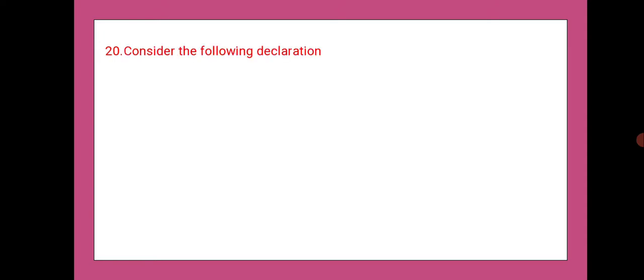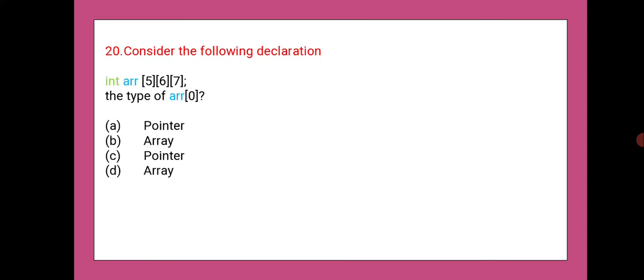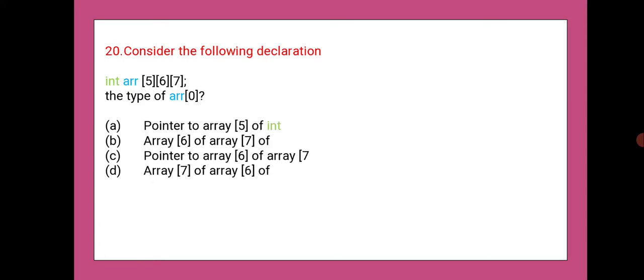Consider the following declaration: array[5][6][7]. So what is the type of array of 0 in this?